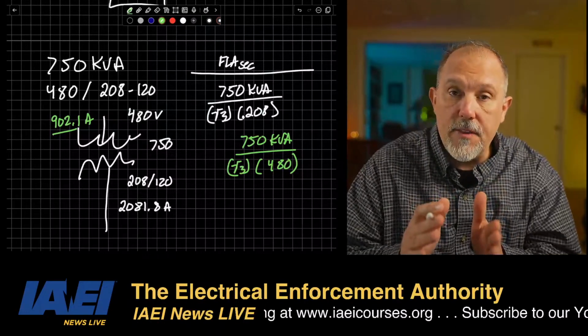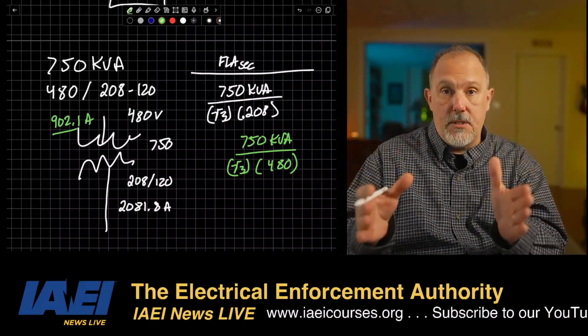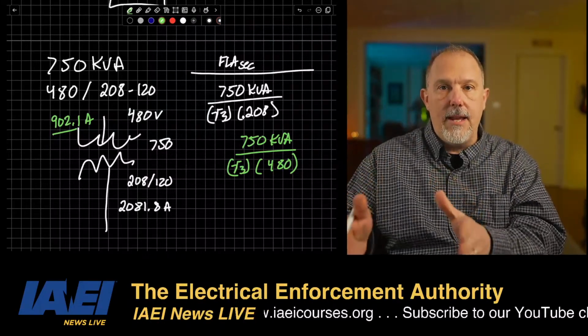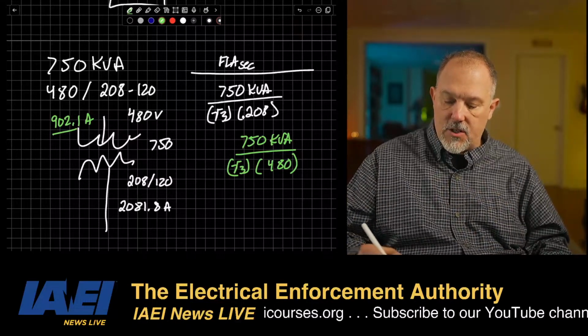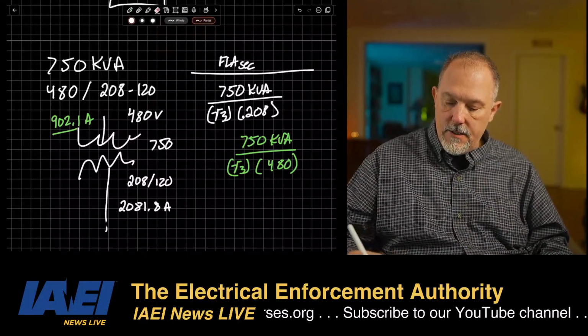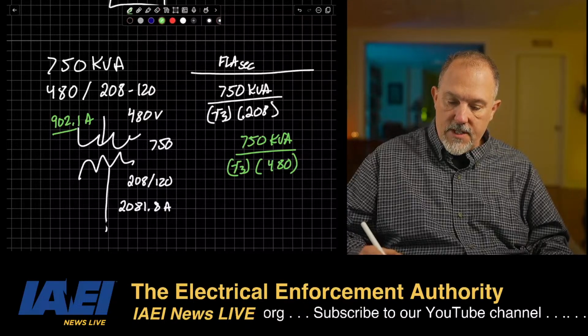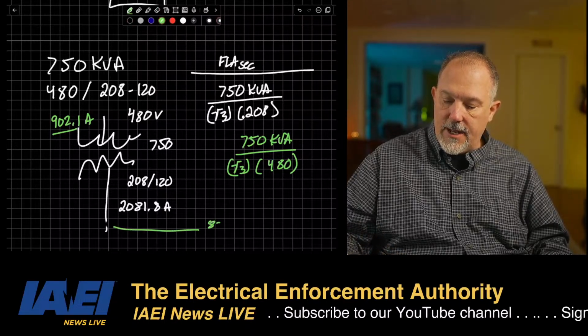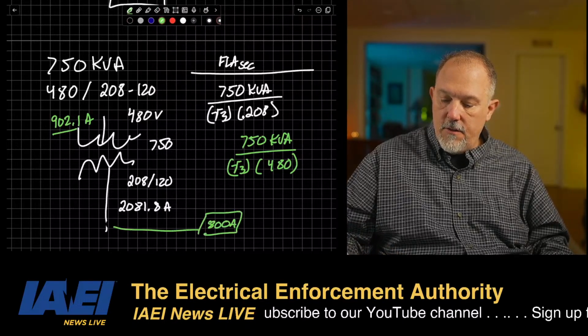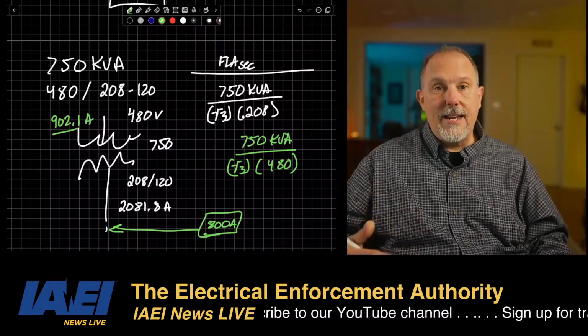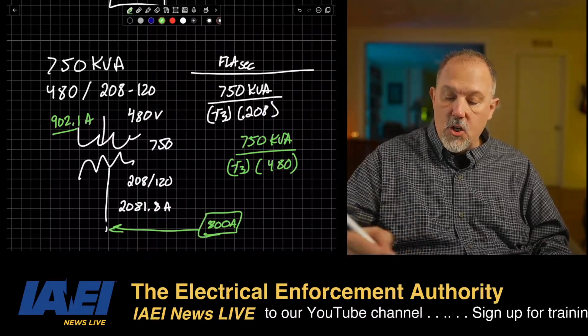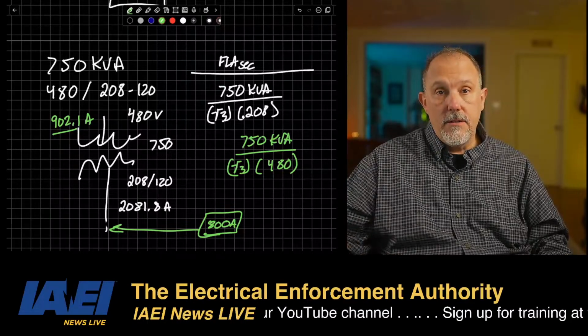Now that works even if I take a load amps, it doesn't have to be the full load amps. If somebody said they had 800 amps flowing on the secondary, what is the equivalent primary current?